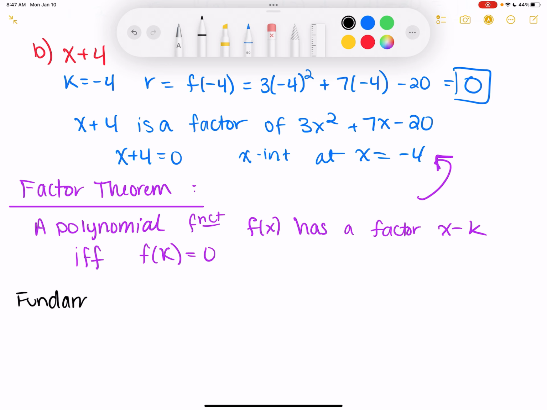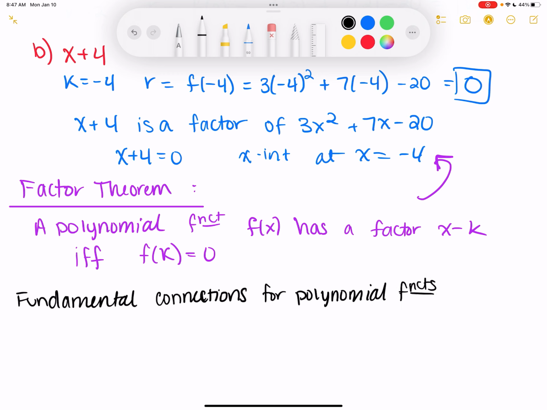Fundamental connections for polynomial functions. That's the title.